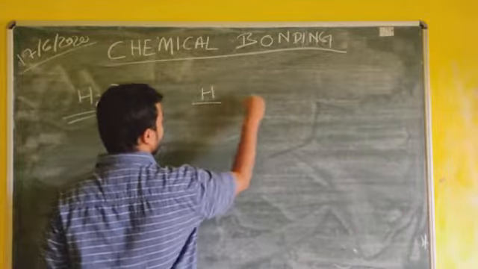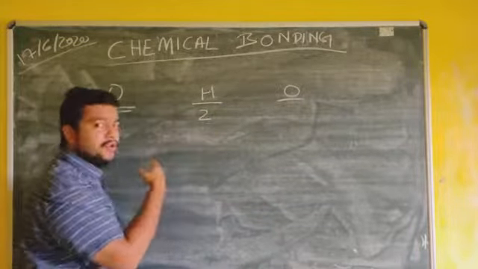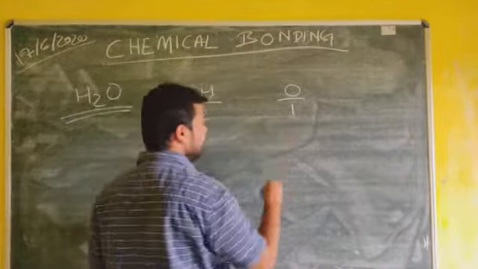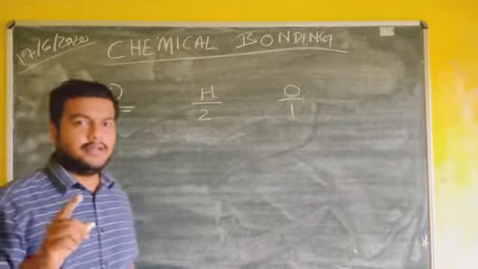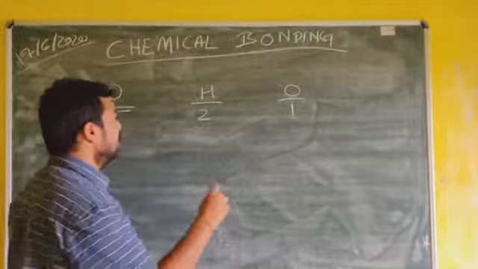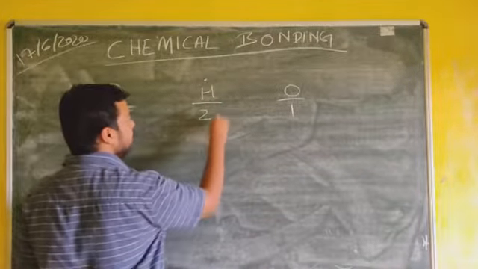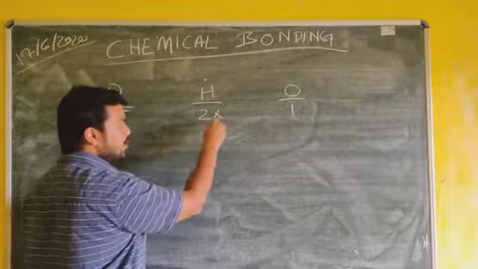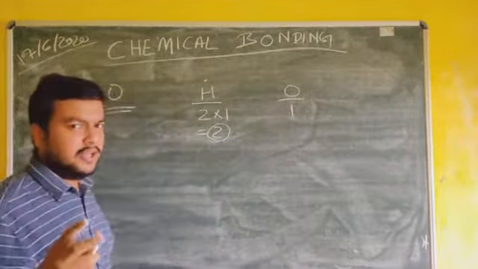One is H and one is oxygen. So there are two hydrogen atoms and one oxygen atom. So how many valence electrons are there in one hydrogen atom? In one hydrogen atom there is one valence electron. So for two hydrogen atoms there will be two valence electrons.